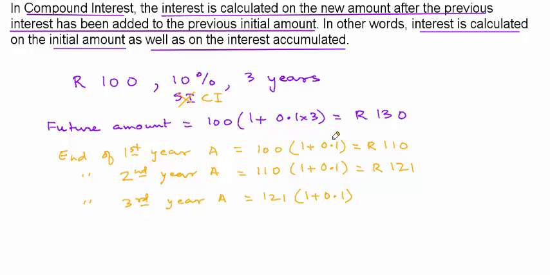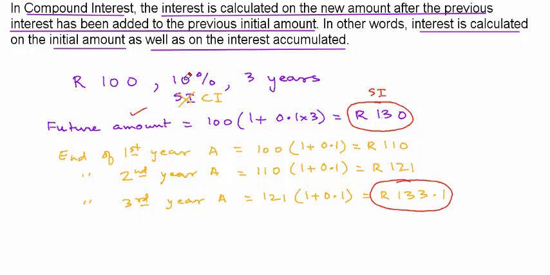The final amount at the end of the first year becomes the initial amount for the beginning of the second year. And the final amount for the second year becomes the initial amount for the third year, and so on. So this is going to be equal to 133.1 Rand.